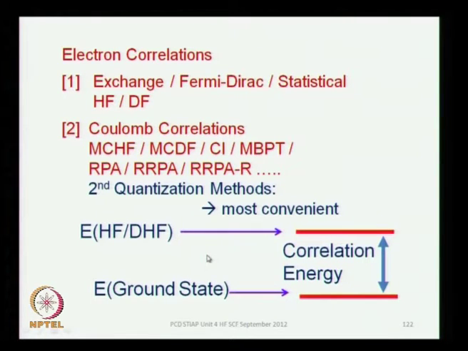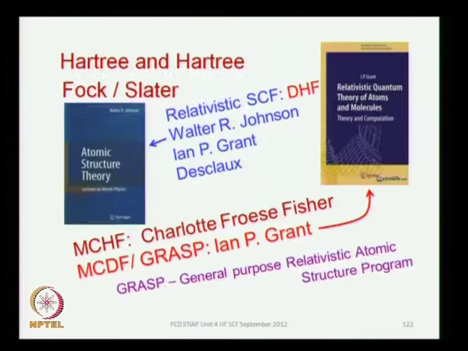So, the subject is a very vast subject, and I would like to draw your attention to two excellent books, one by Walter Johnson and the other by Ian Grant, and these books have a good summary of relativistic many body methods which are used in atomic and molecular physics.